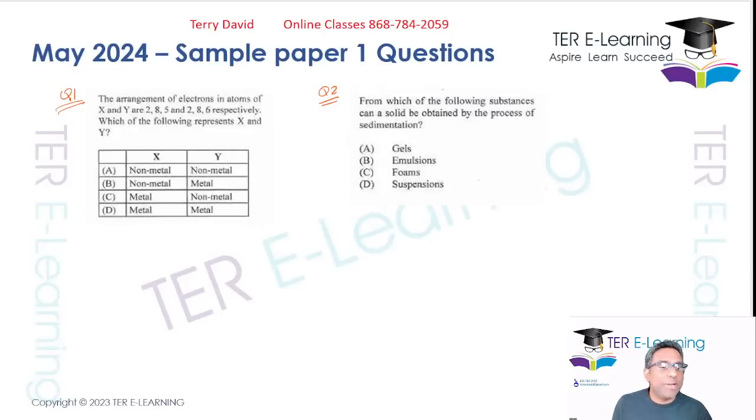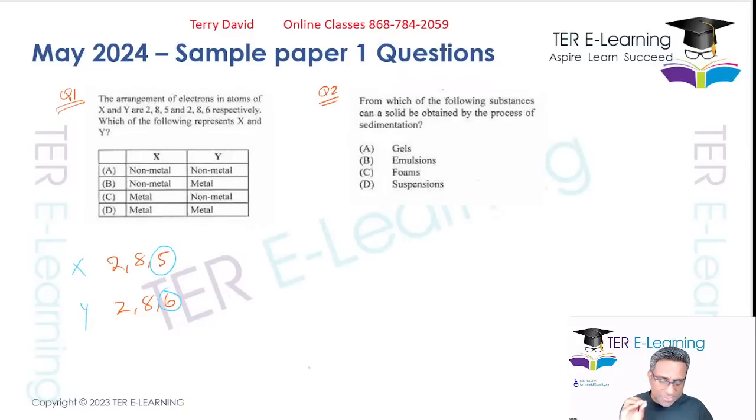Question 1, I'm seeing a lot of people saying the answer is A. Let's see if that's really true. Here's how we analyze a question like this. We have 2,8,5 and 2,8,6, the electronic configurations of these elements. You look to see what group they belong to. Element X belongs to group 5 and element Y belongs to group 6. What I normally tell my class is to learn the periodic table.